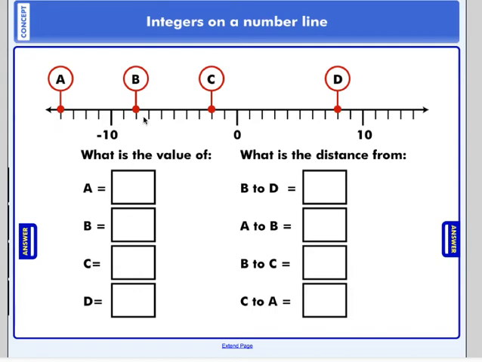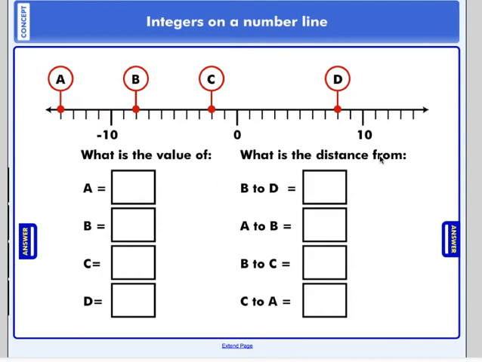What value would that be? Here's 0, -10. Looks like each mark is 1, so -11, -12, -13, -14. Okay? Try to find the rest of these.